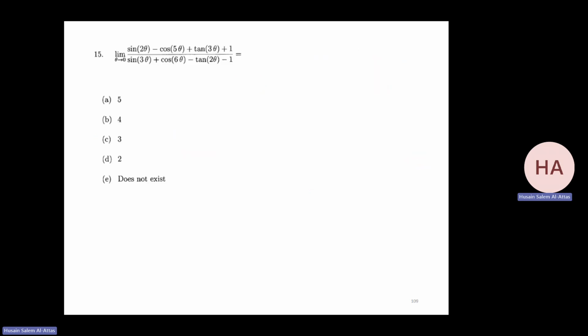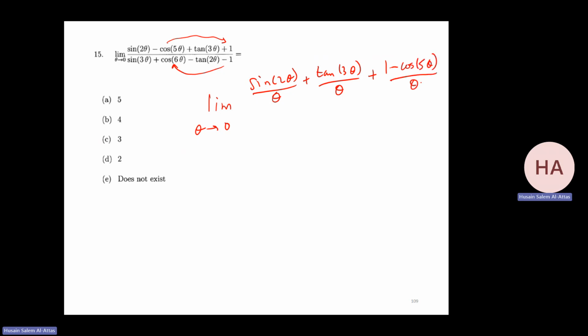Yeah, this one, it seems to be a lengthy one. No, just so I divide by theta, numerator and denominator. Be careful. I have this with this and this with this. So I have limit, theta goes to 0. I have sine 2 theta over theta plus tan 3 theta over theta plus 1 minus cosine 5 theta over theta.